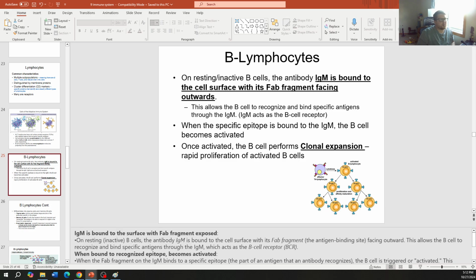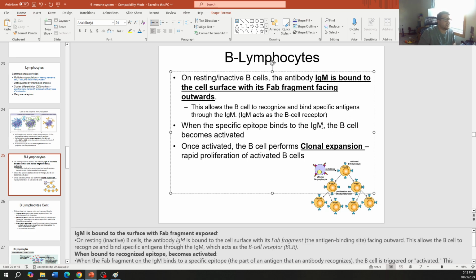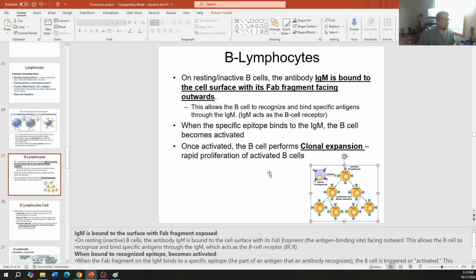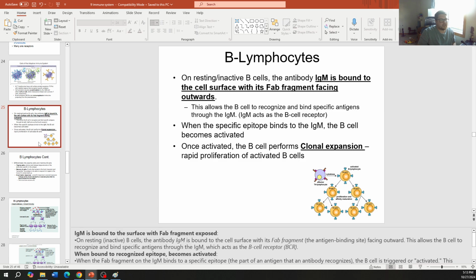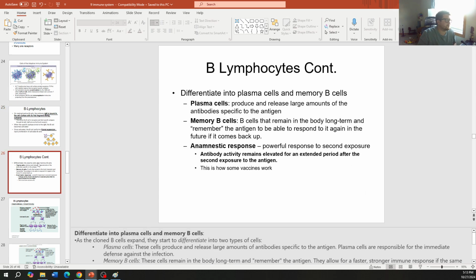When the specific epitope binds to the IgM, the B cell activates and undergoes something called clonal expansion. Clonal expansion is just rapid proliferation of the activated B cell. So it divides very, very quickly to give you a bunch of cells so that it can find and fight all of the antigen, the foreign substance, that's in the body.